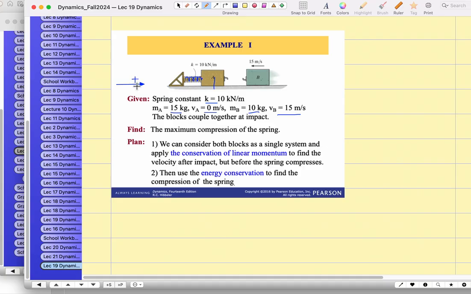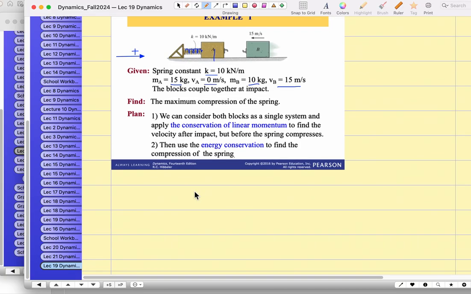Imagine this right hand vector is positive, because impulse and linear momentum are vectorial quantities. Over here in the linear momentum conservation principle, I would just write the summation for both, equals before the impact equals after the impact.